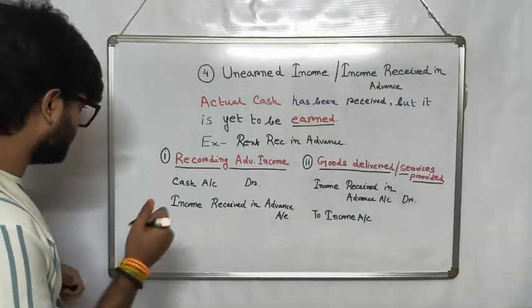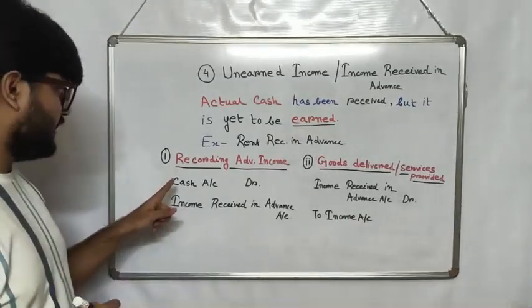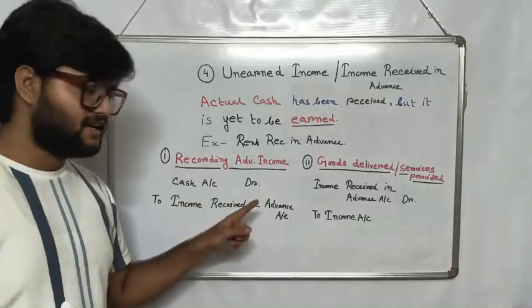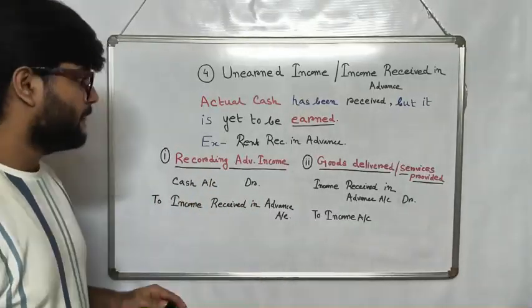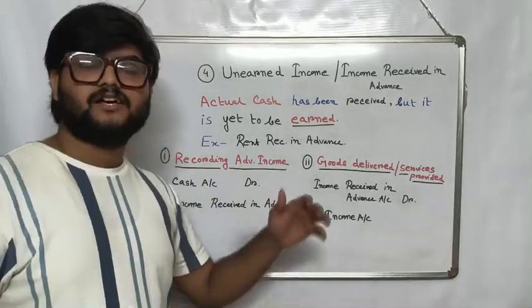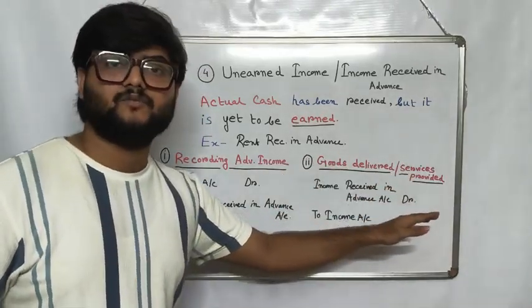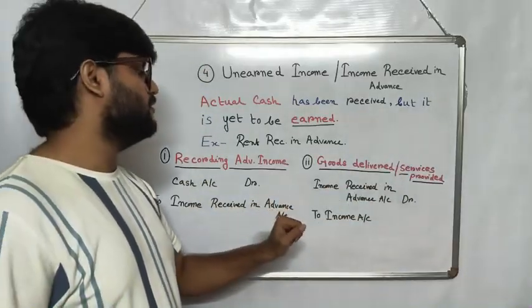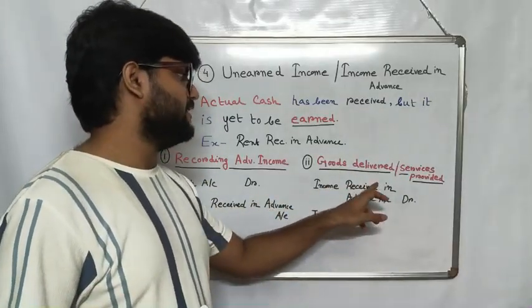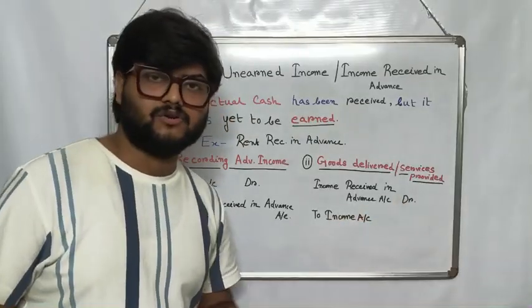Okay, here I have missed 2, so I'm writing it down. Cash account debtor to income received in advance account, and when the goods will be delivered or the services will be provided by us, then the journal entry will be income received in advance account debtor to income account.